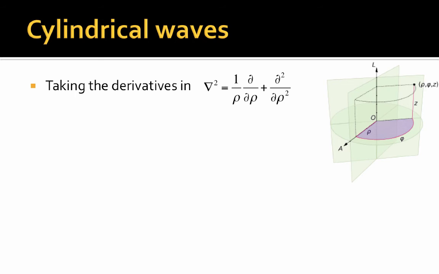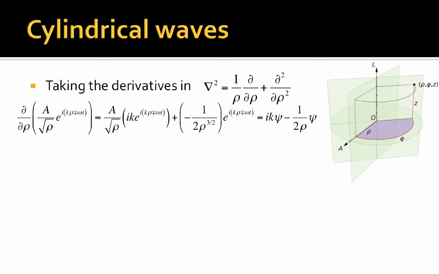Let's start with the derivatives, taking the two derivatives, and then put it all together. So the derivative with respect to rho, take the partial with respect to rho of A over root rho e to the i k rho minus or plus omega t. We do this as a chain rule.